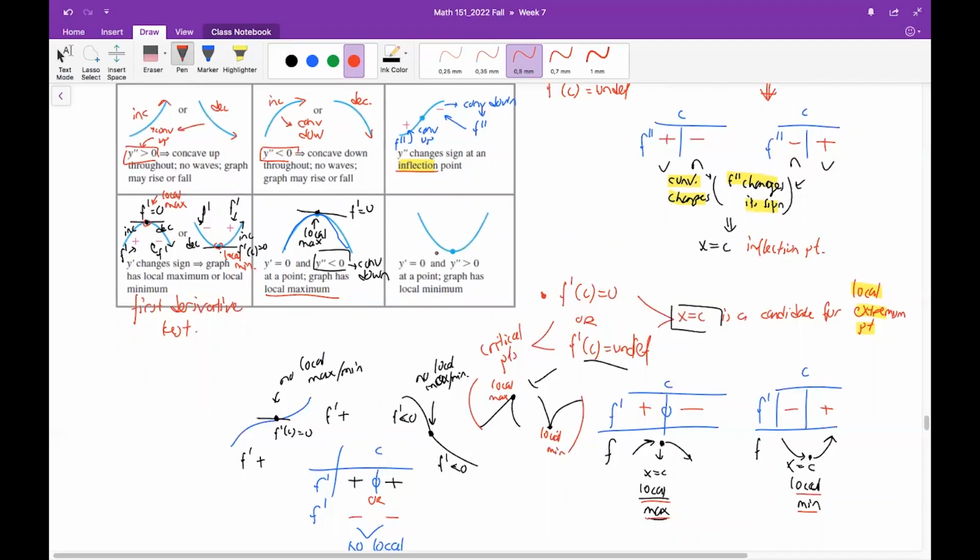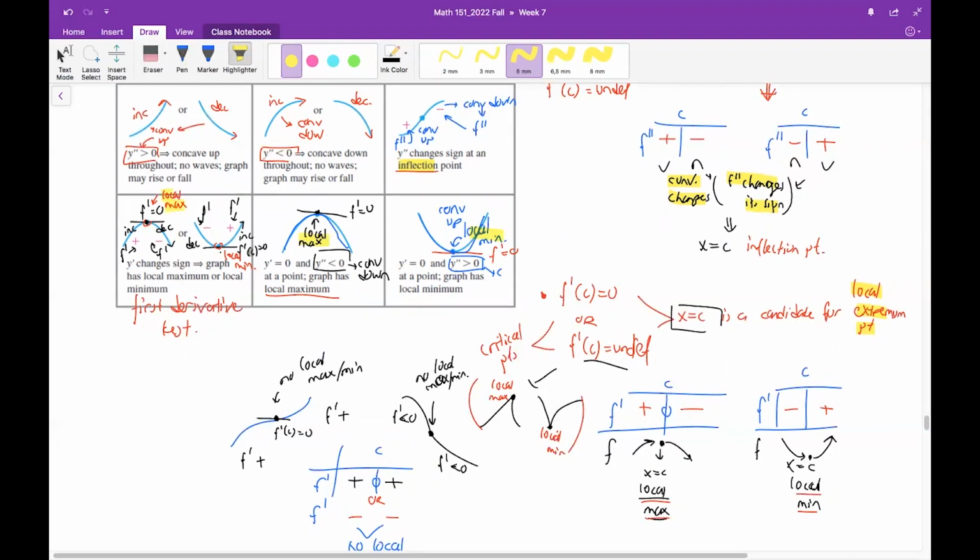Similarly, if the first derivative is 0, meaning that you have a horizontal tangent at this point, and the second derivative is positive, meaning that you need to draw a concave up shape like this, then at this point a local minimum occurs. This is also a way of detecting local extremum points like local max, local min.